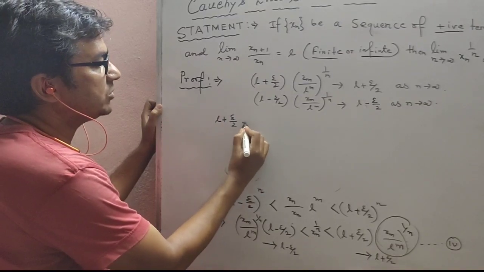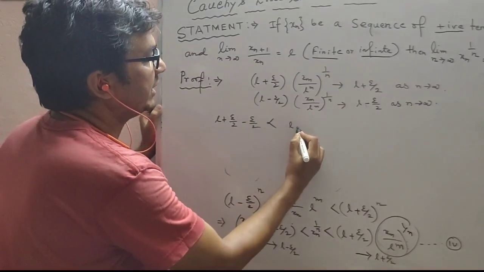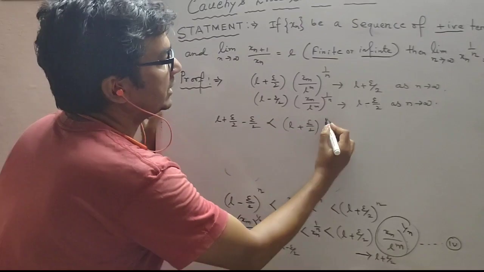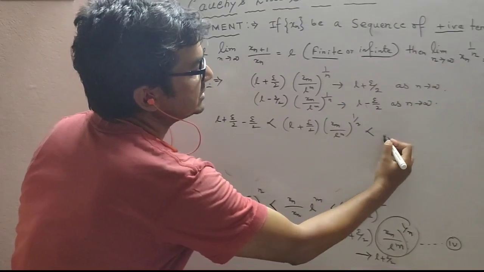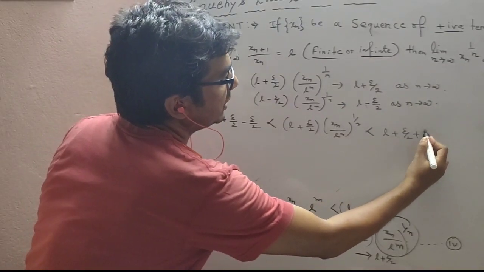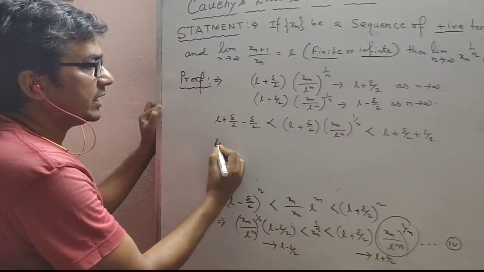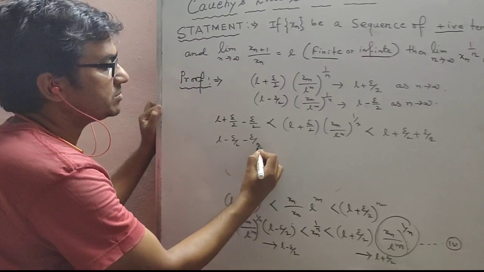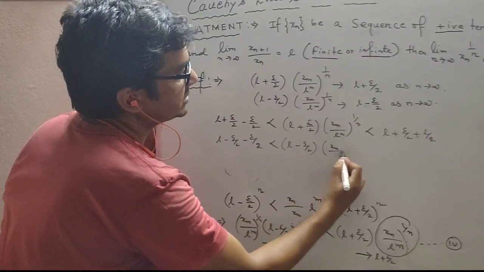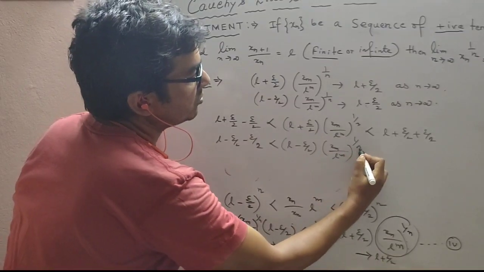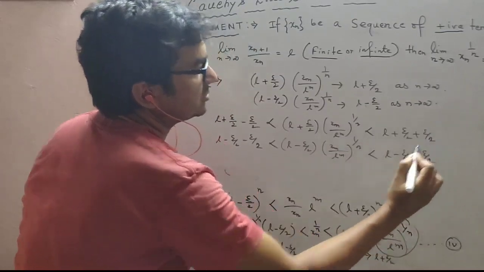L plus epsilon by 2 minus epsilon by 2 less than (L plus epsilon by 2) into (xm by L to the power m) to the power 1 by n less than L plus epsilon by 2 plus epsilon by 2, and L minus epsilon by 2 less than (L minus epsilon by 2) into (xm by L to the power m) to the power 1 by n less than L minus epsilon by 2 plus epsilon by 2.